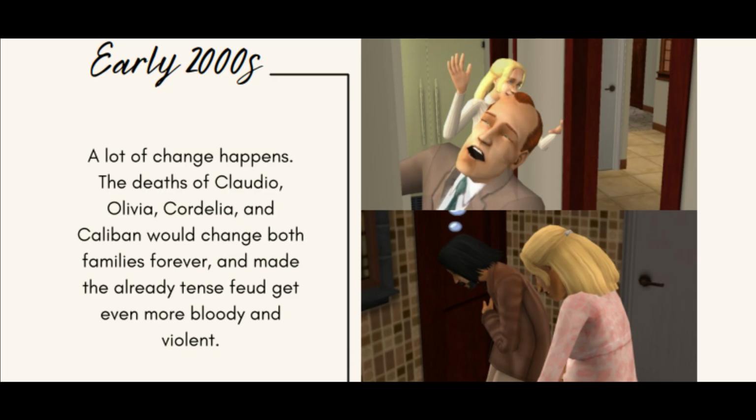Caliban and Cordelia die in a fire, and it's heavily speculated that the Montys caused the fire that would kill the both of them, so the Capps think that the Montys killed them. Claudio, it's not really known how he died. Some say starvation, some say it's something else, but we really don't know. Actually, no, it might have been starvation if I'm remembering correctly.